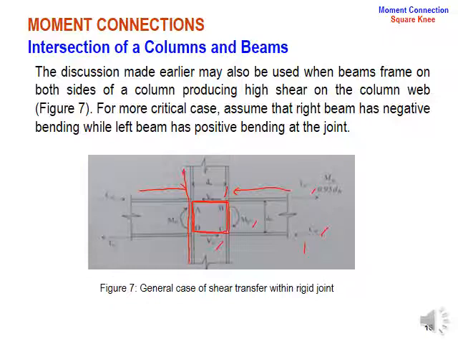The left-hand side beam moments and all other respective parameters are represented with subscript 1: Cu1, Tu1 and Mu1. In this way the moments are shown within this connection part.